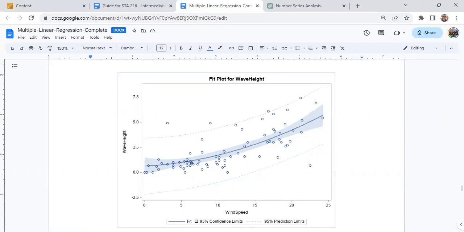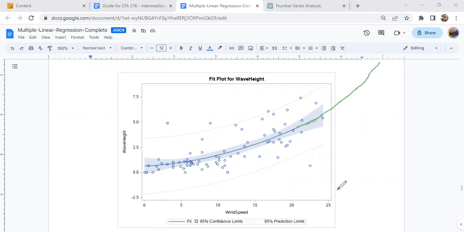What this model would tell us is that if you just used the predicted values for it, it's going to continue with this trend like this, right?